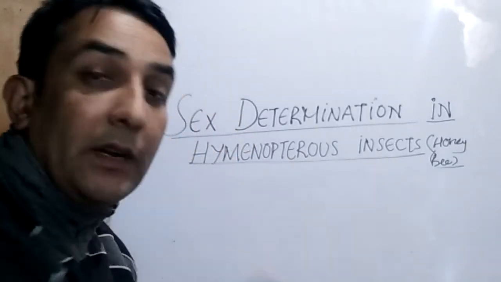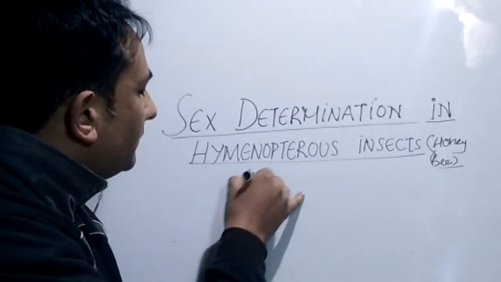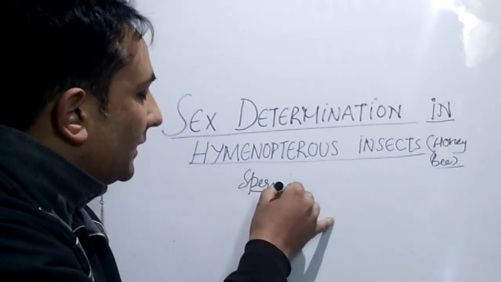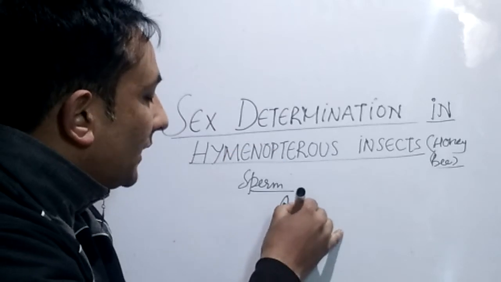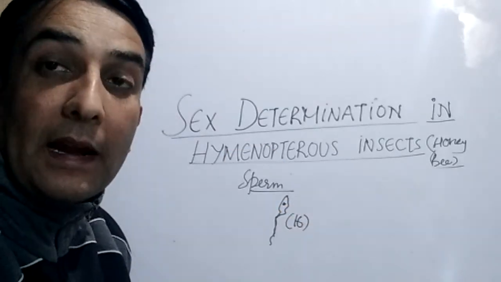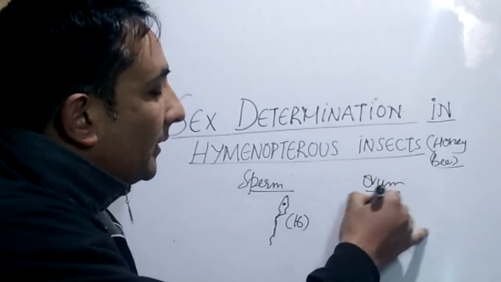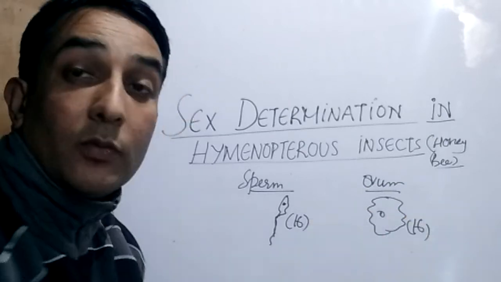Now after that, if we will proceed with this, we will see now the sperm, for example, this is the diagram for the spermatozoa. It will have 16 chromosomes, and again this is ovum. This is the representation of the ovum. This ovum will again have 16 chromosomes.